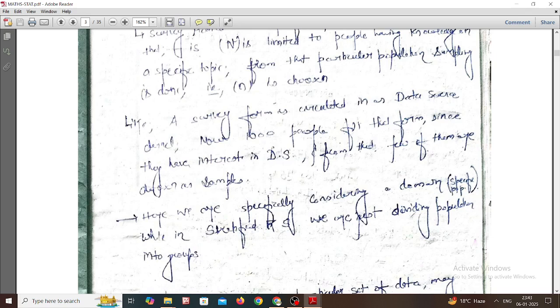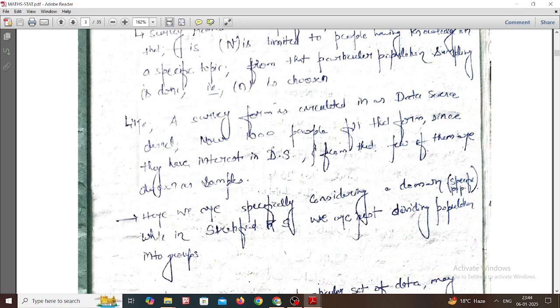Out of those 1000, first of all we need to understand that out of the entire population we are only getting 1000 people, as a first screening has been done. Those who have interest will fill up that form, and only 1000 people have filled it. So the first screening has been done, and from those 1000 people we will pick a few candidates for the final sample.